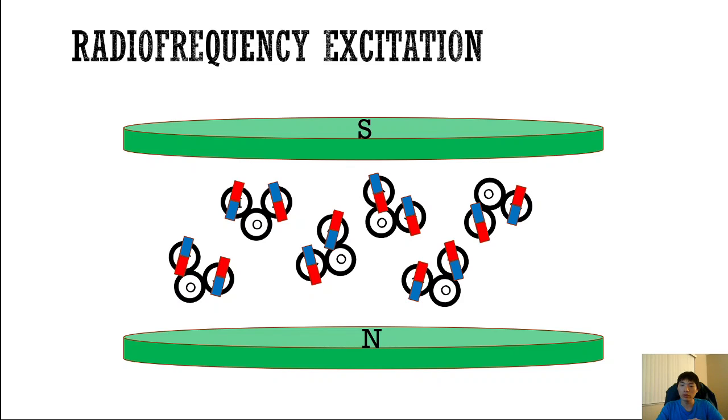So this radio frequency is below the energy of visible light. It's also below the energy of microwaves, so it's quite a low energy electromagnetic radiation. And so what we do is we use the coil as kind of a very strong radio station.